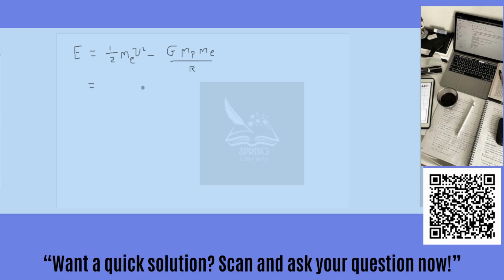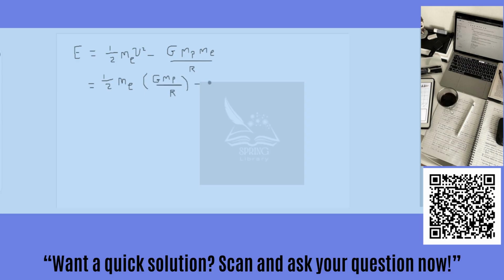So we have our expression for v squared so far. So good. Let us rewrite this expression, let us substitute for v squared here. So 1/2 m_e times v squared, which is what? J, remember, m_p over r.